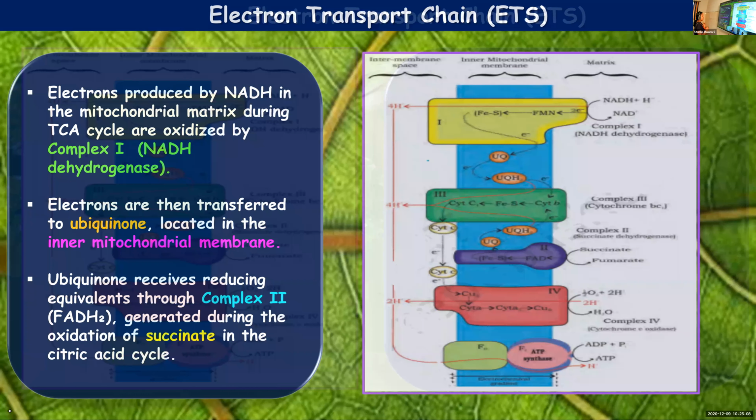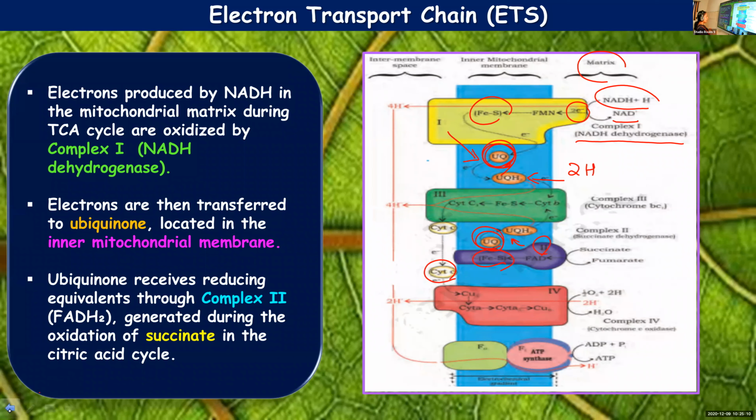to begin with, electrons released from NADH. NADH is getting converted to NAD by the action of NADH dehydrogenase. Hydrogen will be removed. NAD gets oxidized, and the electrons released will be taken up by the electron carrier FMN.